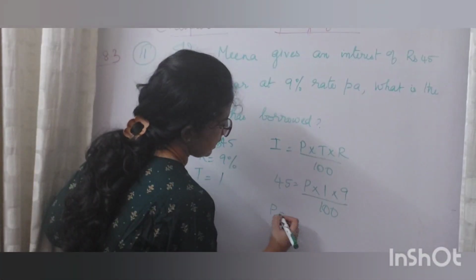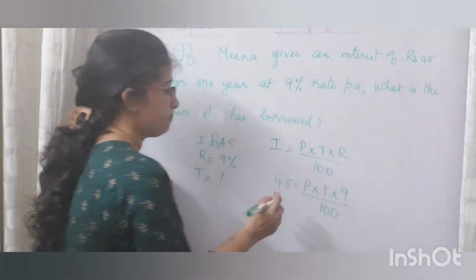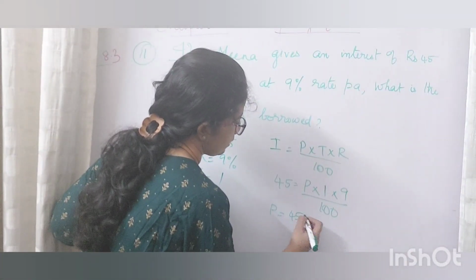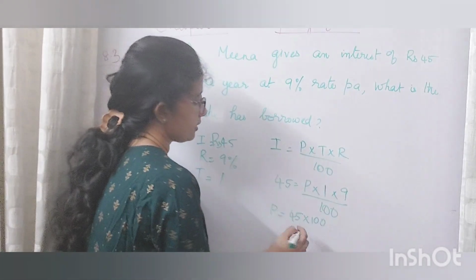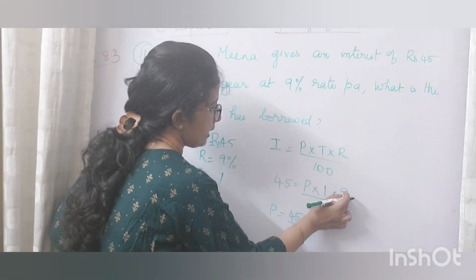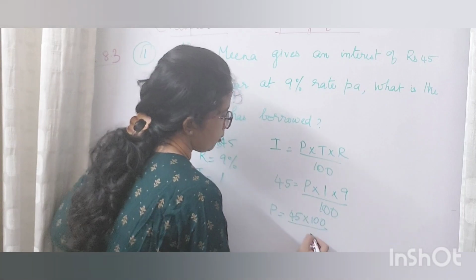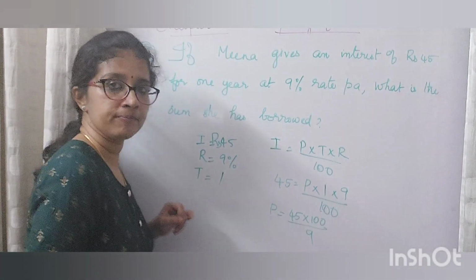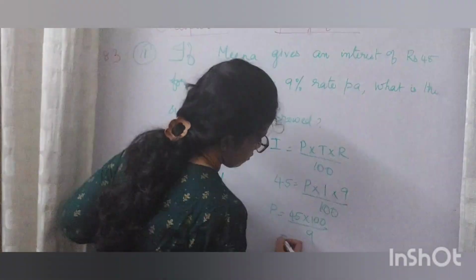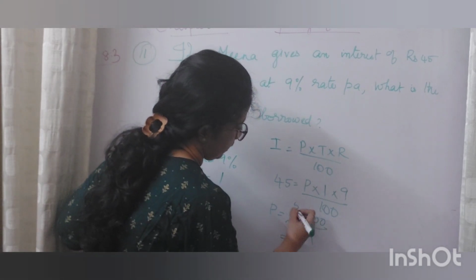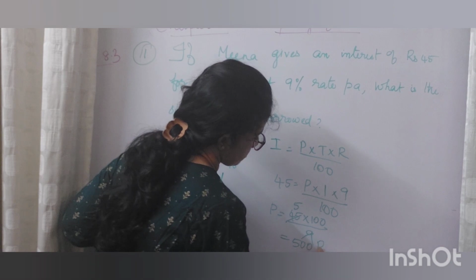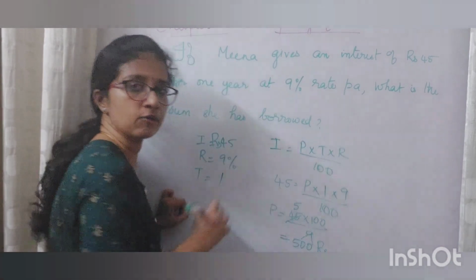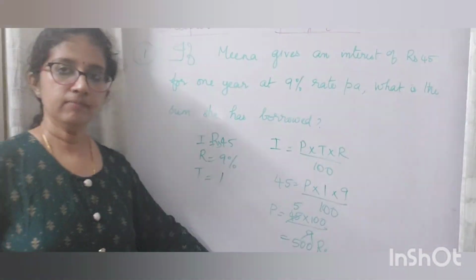Keep P on one side and take everything to the other side. So 45 into 100. This by 100 will become into 100 here. Divided by 9 will become 9 in the denominator. So 9 5s are 45, is equal to 500 rupees. So 500 rupees is our principal.